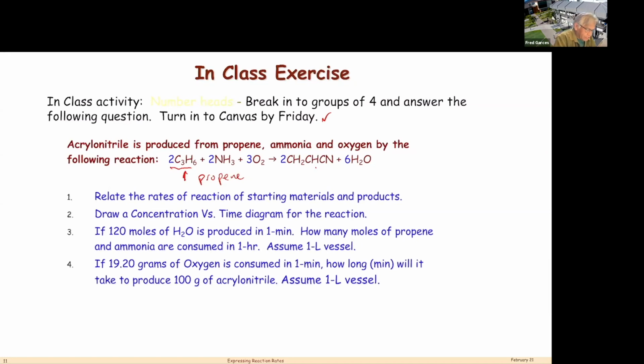First of all, this is the main reaction, and I balance it for you. Relate the rates of the reaction of the starting material and the product.